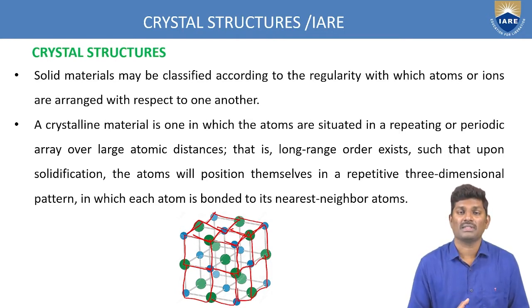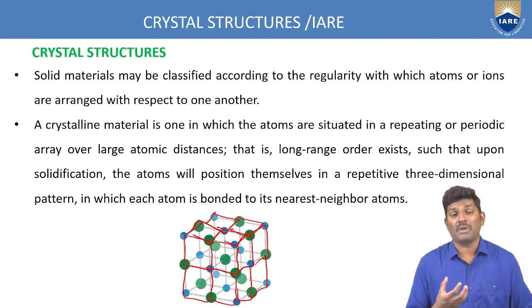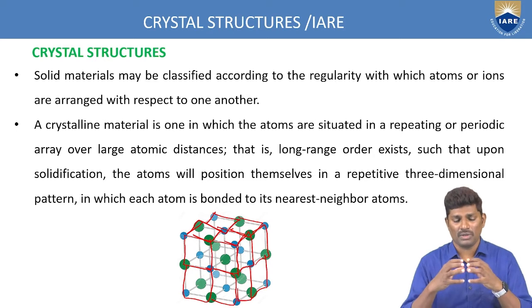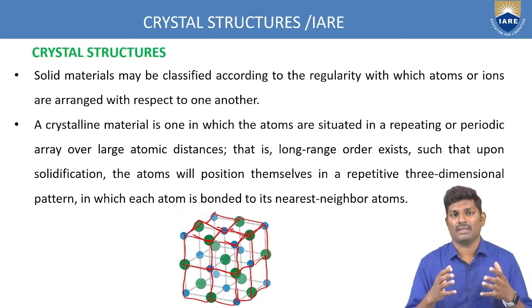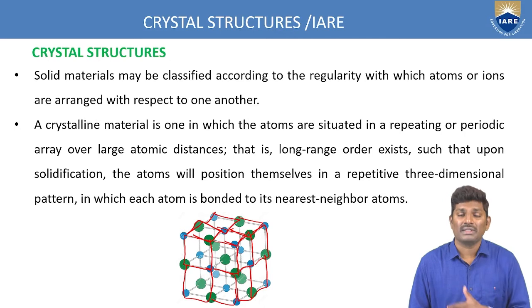And the long range order exists, depending upon the solidification. If there is a huge gap, the time taken for solidification is very high. If there is very little gap between the atoms, the solidification time is very less. In such a way you have to describe any given solid material.